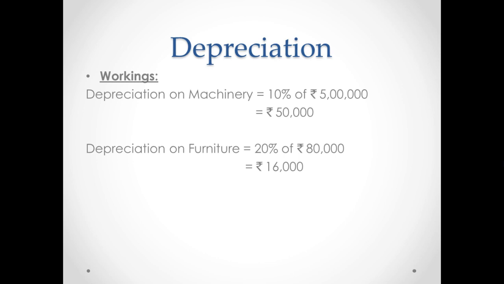The workings. Depreciation on machinery is 10% of rupees 5 lakhs, which is rupees 50,000, and depreciation on furniture is 20% of rupees 80,000, which is rupees 16,000, and these two figures will appear as a non-cash expense on the expense side of our profit and loss account, which is the debit side of the profit and loss account.